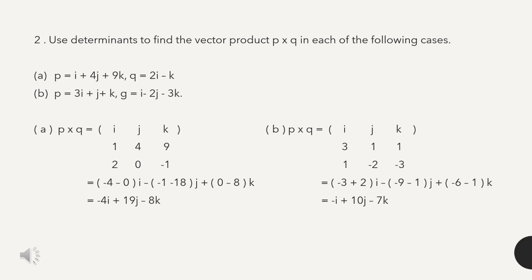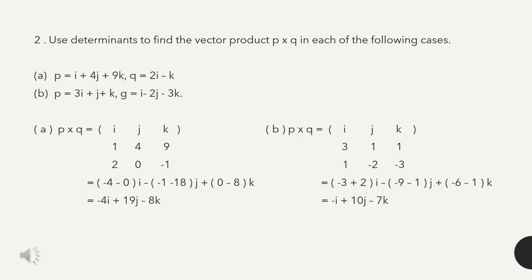Q equals 2I minus K. A. P times Q. The result is -4 minus 0 I minus -1 minus 18 J plus 0 minus 8 K. The answer is -4I plus 19J negative 8K.